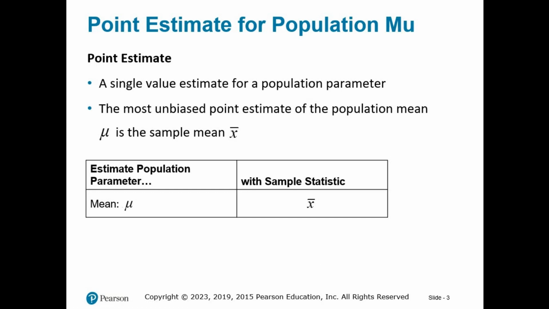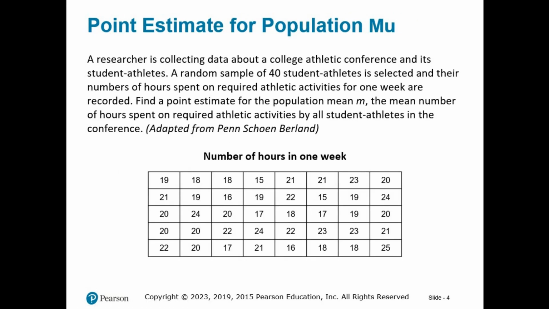Let's do an easy example. A researcher is collecting data about a college athletic conference and its student athletes. A random sample of 40 student athletes is selected, and their numbers of hours spent on required athletic activities for 1 week are recorded. Find a point estimate for the population mean mu, the mean number of hours spent on required athletic activities by all student athletes in the conference.